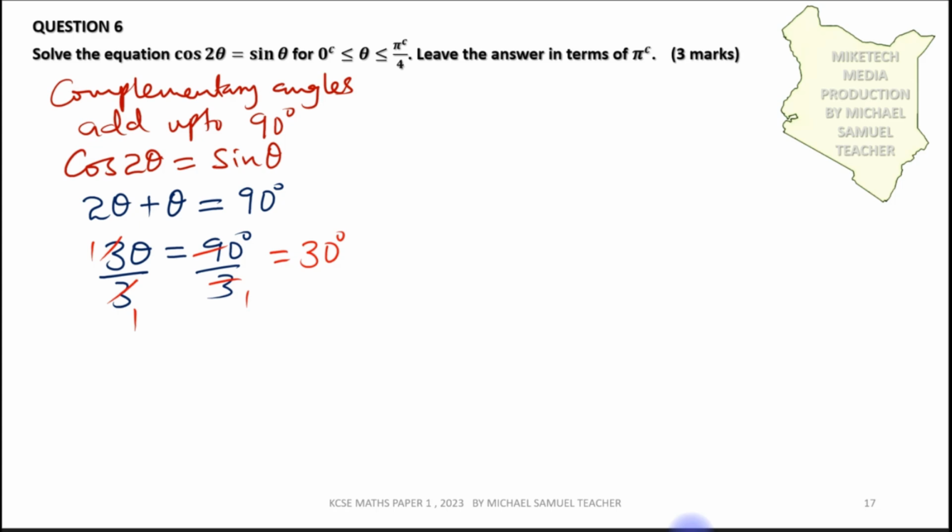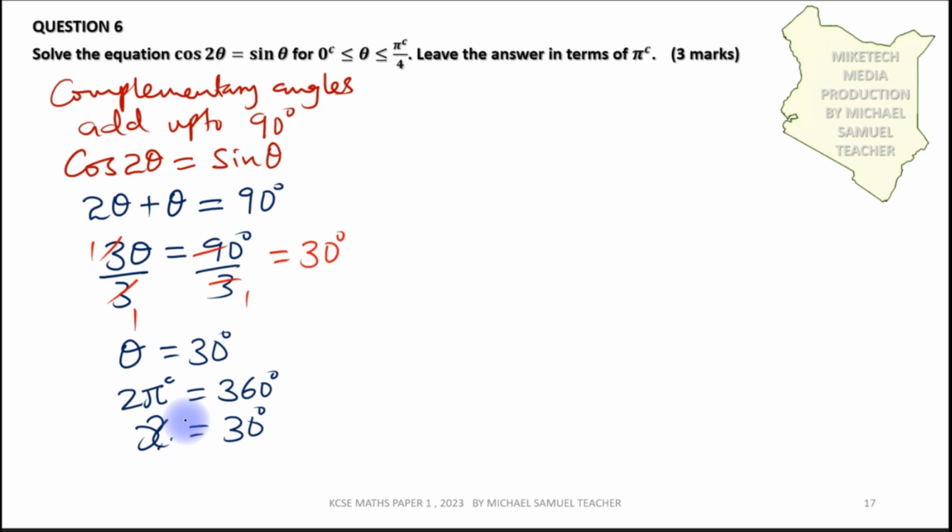Therefore, theta is equal to 30 degrees. So we need to convert this to pi radians. We know that 2 pi radians is equal to 360 degrees. What about 30 degrees will be equal to what?